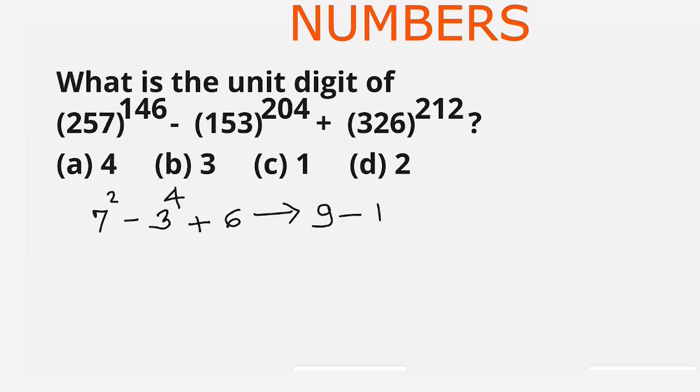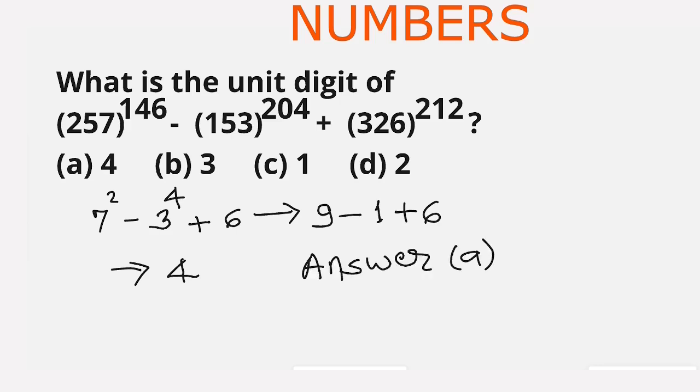So we write it as 1 plus 6. This gives the unit digit 9 minus 1 is 8. 8 plus 6 is 14, and the unit digit of 14 is 4. So the unit digit of the given question is 4. And from the given options, our answer is option A, 4.